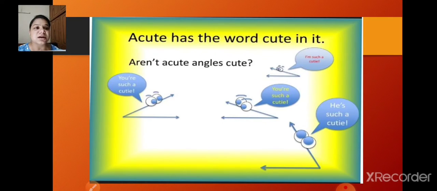So these are the acute angles. These are the smaller ones. Small babies are always cute, right? So these small angles are cute ones. Such a cute angle. So this is an acute angle. So an angle whose measure is more than 0 degree but less than 90 degree is called an acute angle.